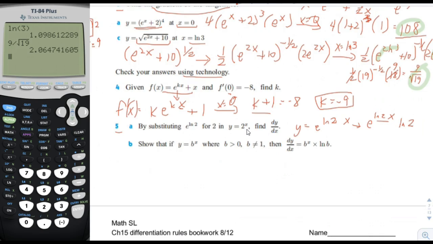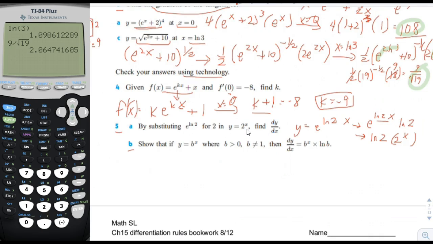And so now we have e to the natural log 2. We know it's 2. So actually what you end up with is natural log 2 times 2 to the x, right? Okay, so that is what we end up with in A.